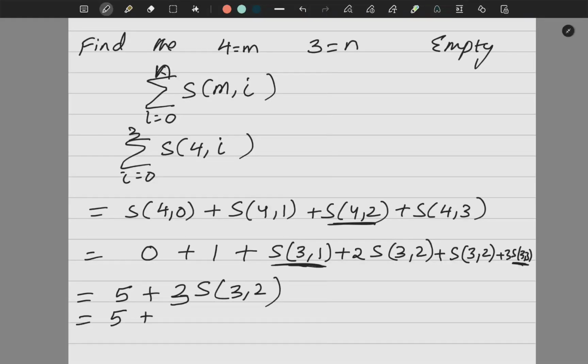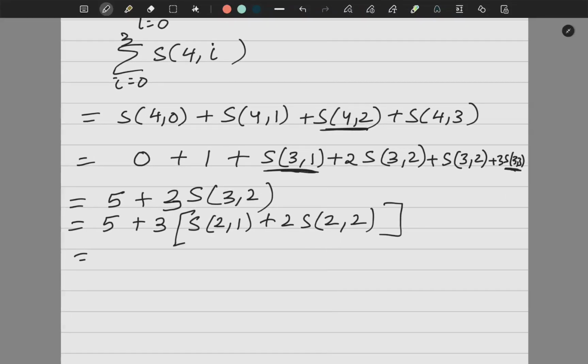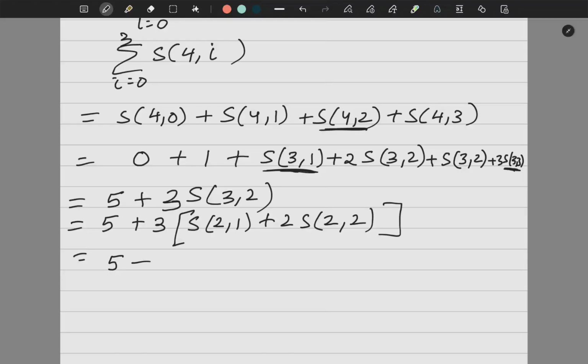Let me solve this one as well. If I apply the formula, this will be equal to S(2,1) plus 2 S(2,2), which is 1 plus 2, so 3. Three 3s are 9.